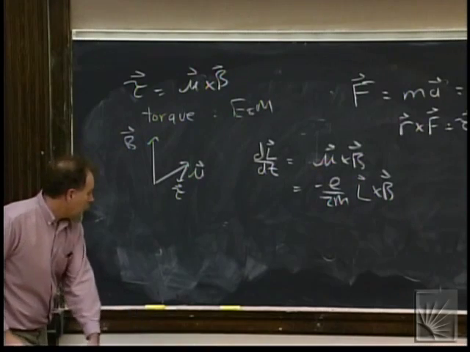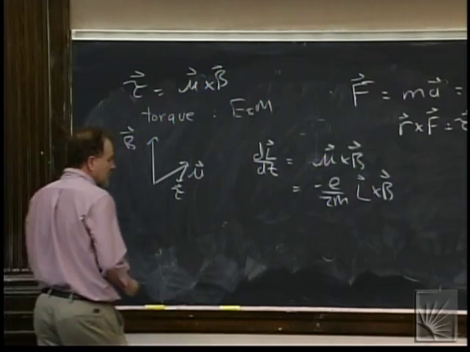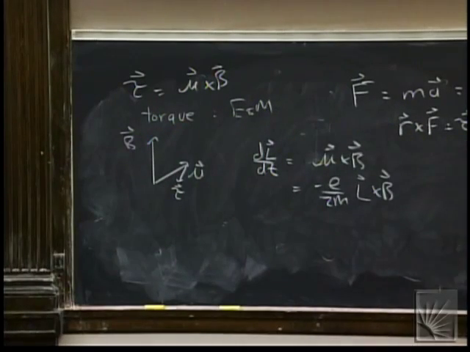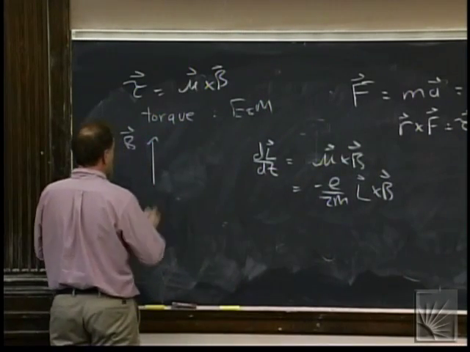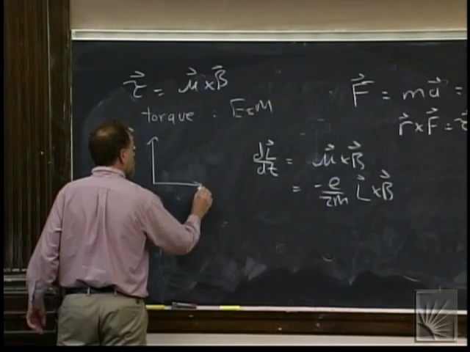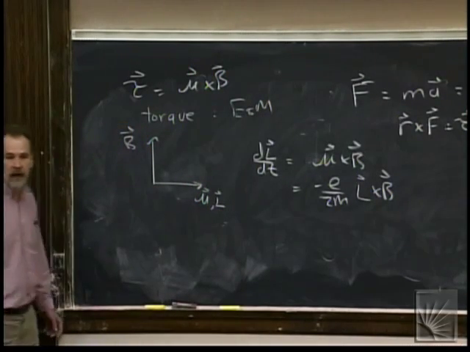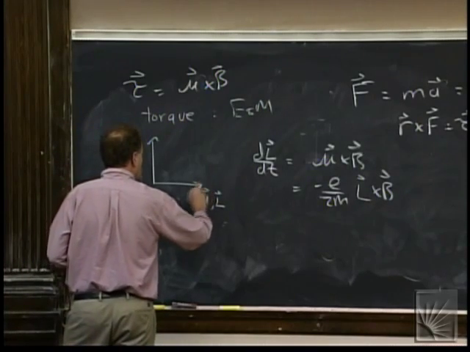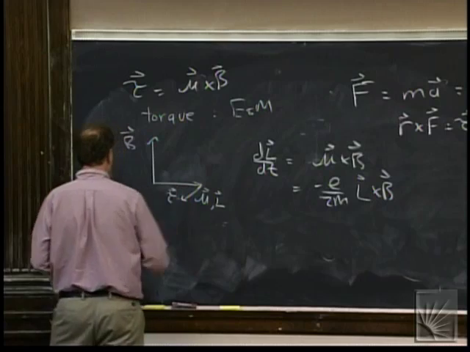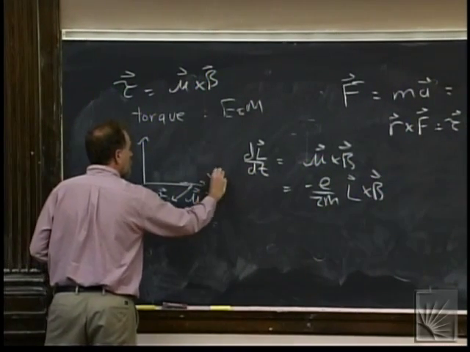Now, I want to examine this, but let me just take a special case, to make it simple, let me think of this being a right angle. You can generalize this to it not being a right angle. It's not very illuminating. So then the torque is in the plane, so this is, say, x, y.